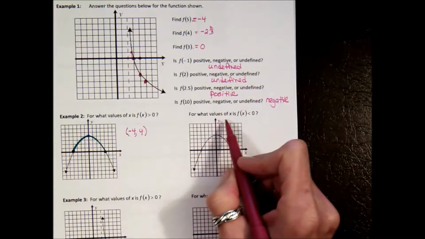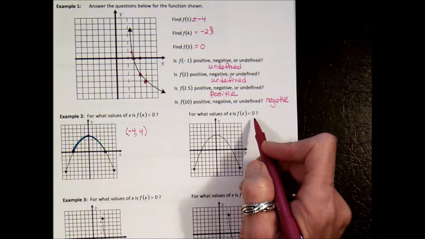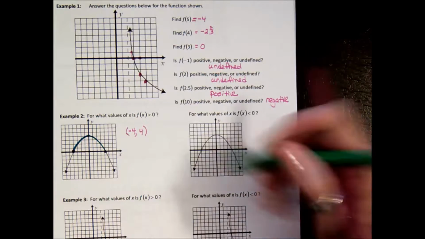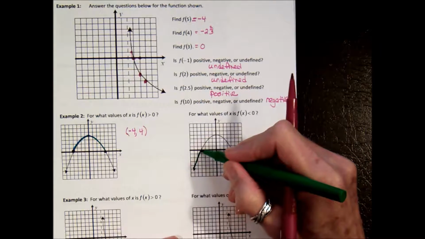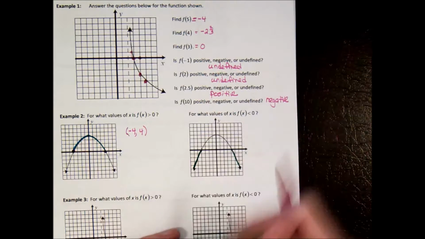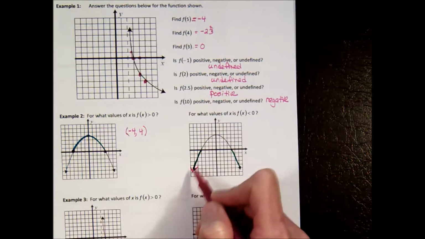For what values of x is the function less than 0? So where is it less than 0? Let's do that in green. The function is less than 0 here, and then it gets positive, and then it's less than 0 here. So how would we describe that? Well, it's going all the way down to -infinity.